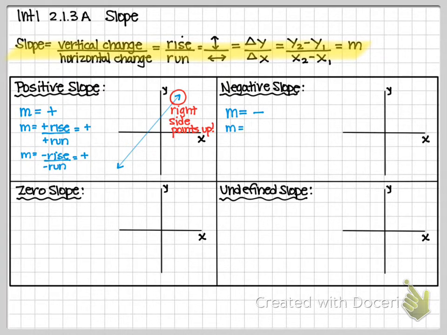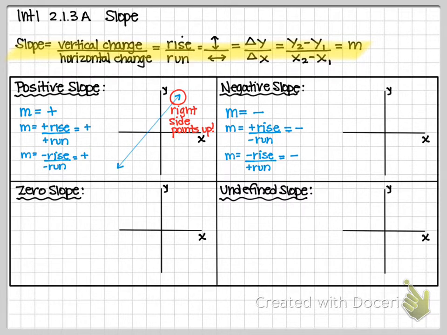We could have a positive rise over a negative run, because we know that a positive divided by a negative is a negative. Or maybe those are flipped around. Maybe it's a negative rise over a positive run. We know that a negative divided by a positive is also a negative. So we're going to get this negative situation regardless.